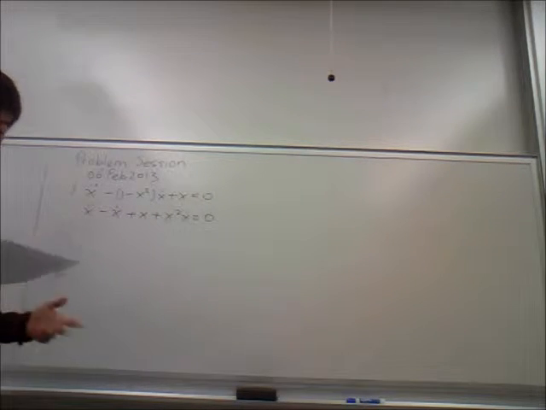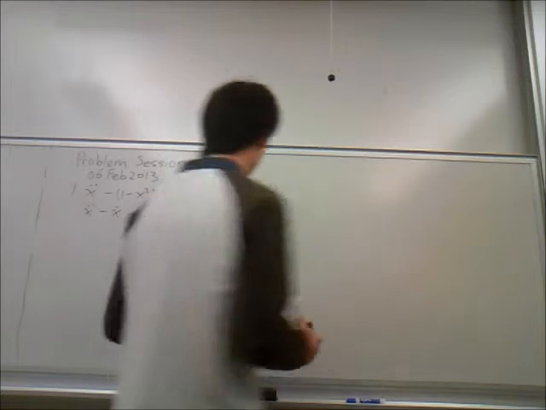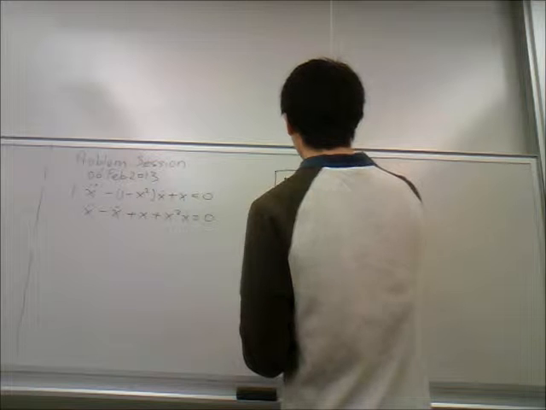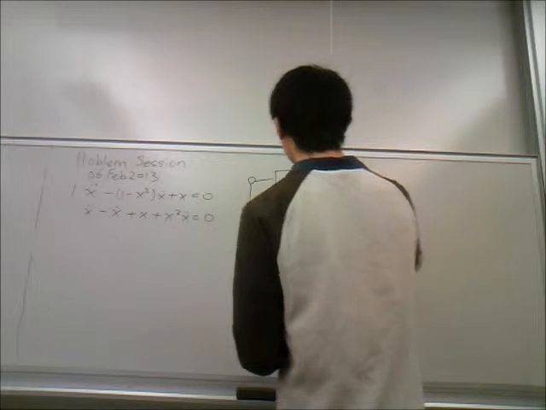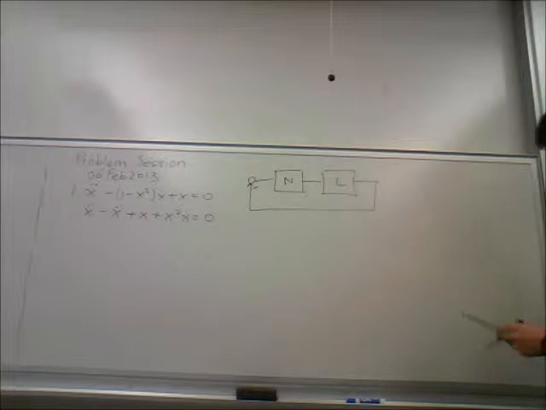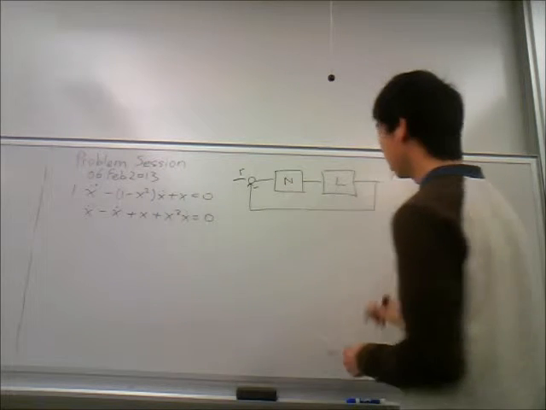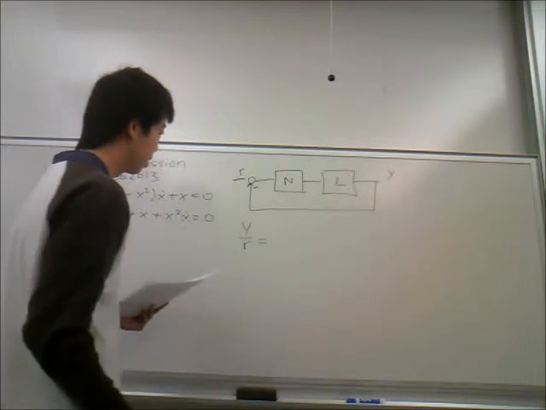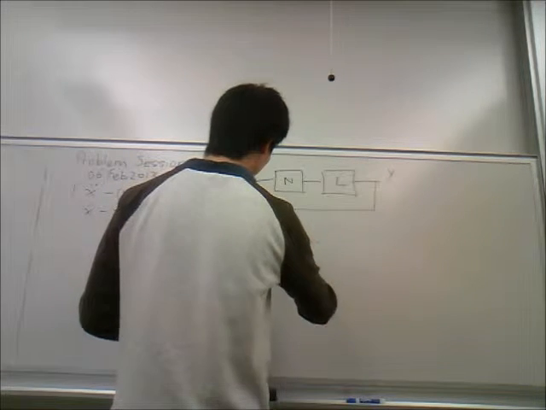What we're looking for when we're doing this is the limit cycles. If you consider just the normal closed loop block diagram, let's say this is R and this is Y. The closed loop transfer function is going to be NL over 1 plus NL.